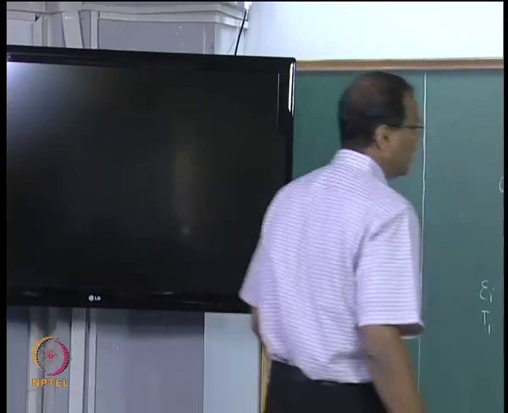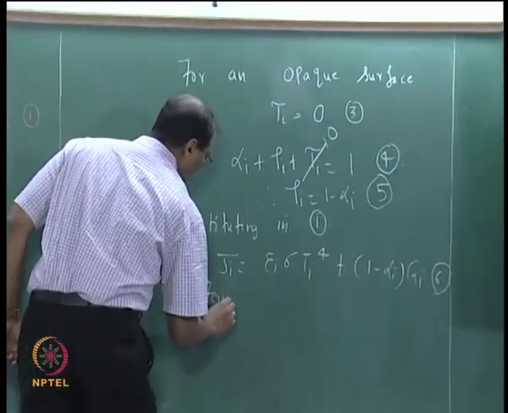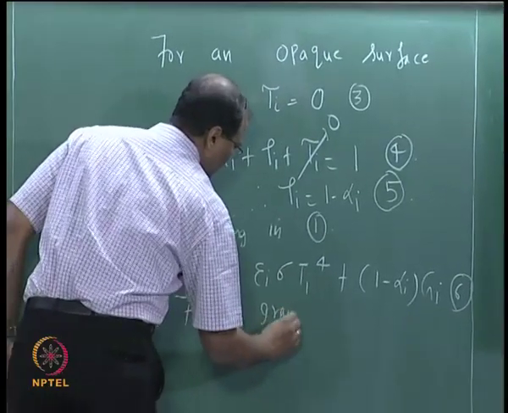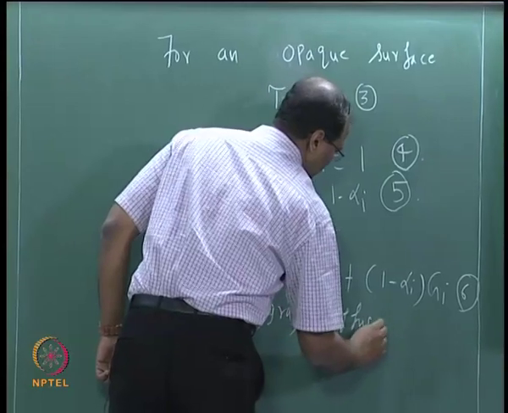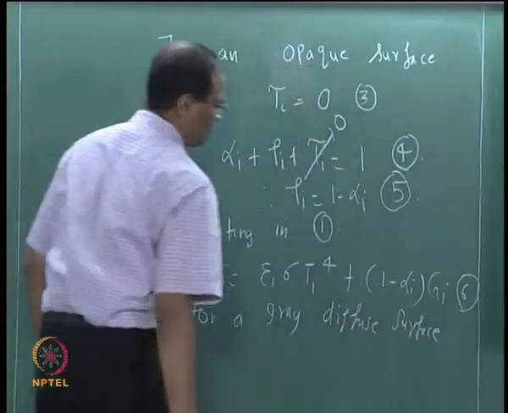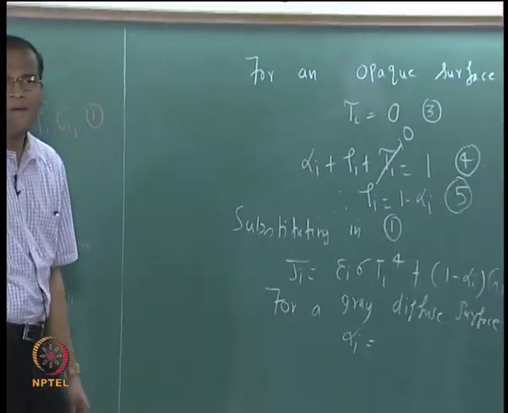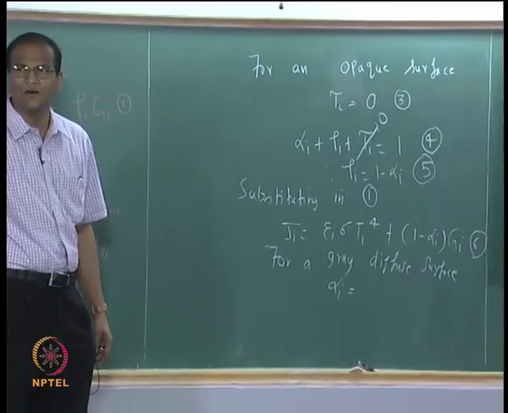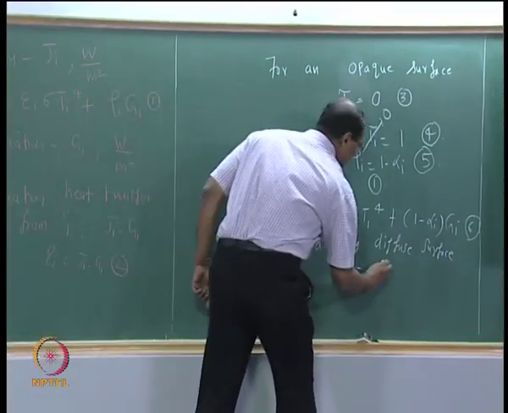Now, for a gray diffuse surface, alpha i equal to epsilon i, correct.